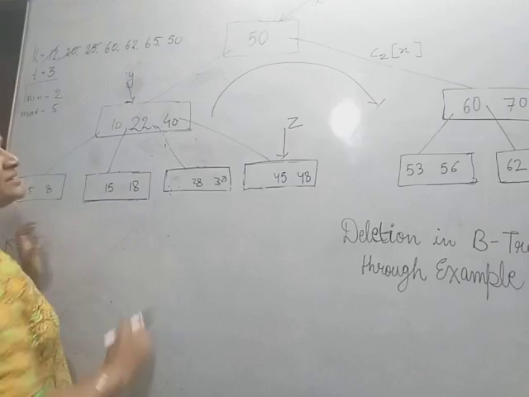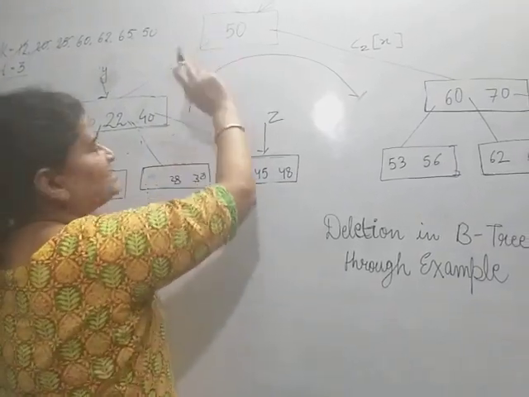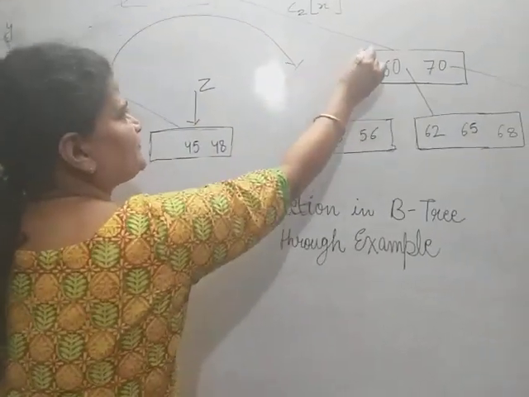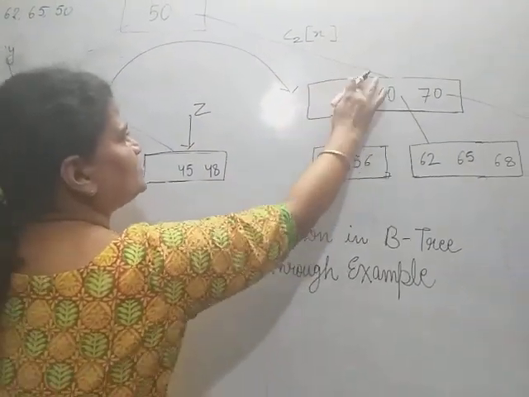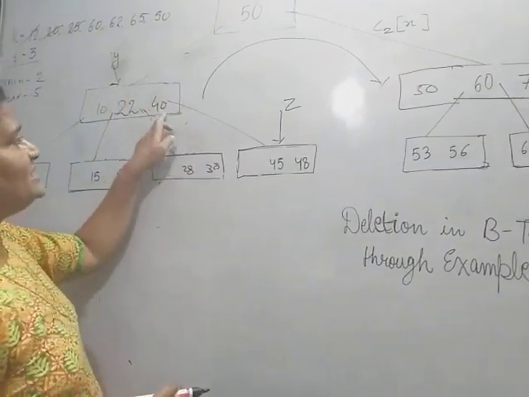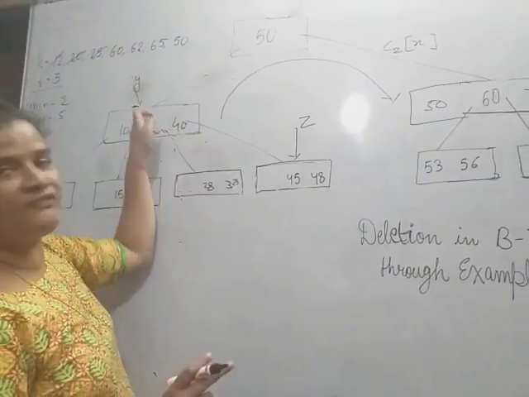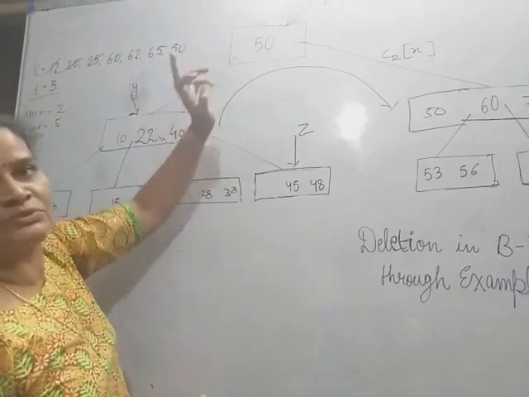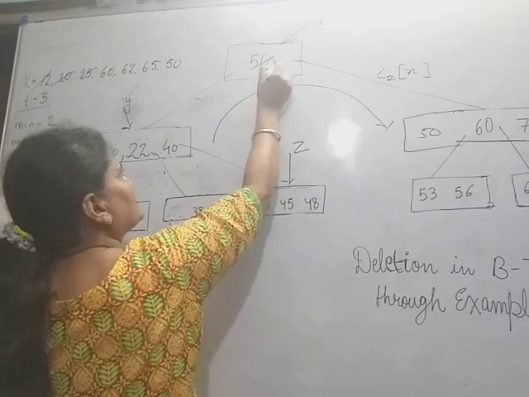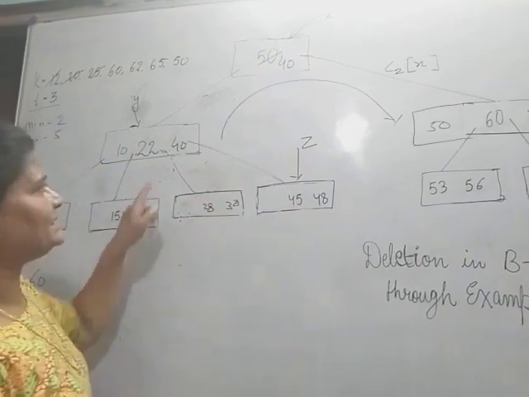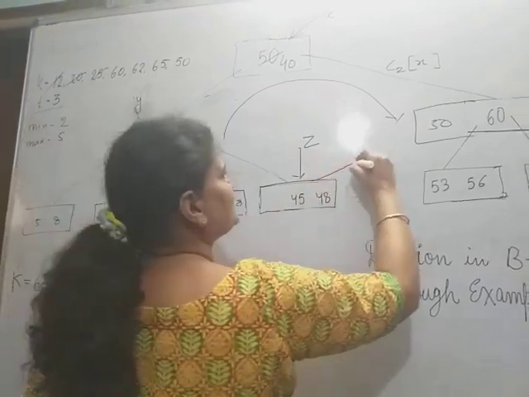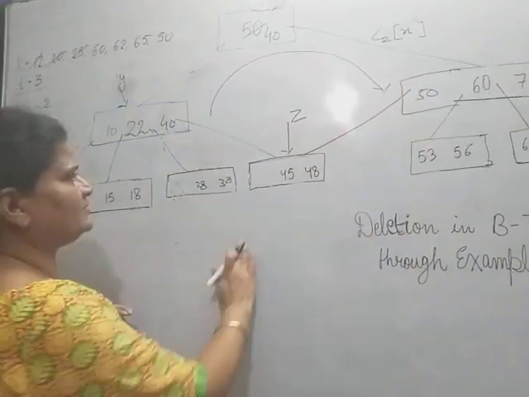Then 50 moves down to C2x, and the last key of y, that is 40, moves up to x, and the last child of 40 becomes the child of 50.